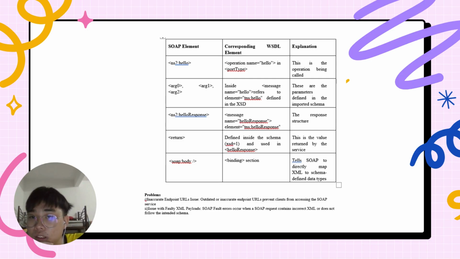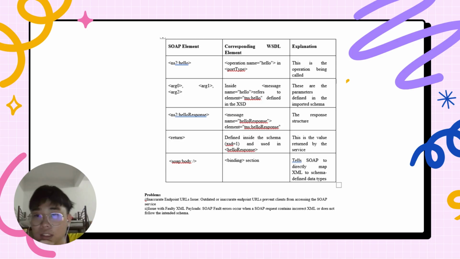This explains the operation. And then secondly, the SOAP elements for argument 1, argument 2, argument 3 map to the corresponding WSDL element shown inside message name equals hello, which refers to the element tns hello defined in the XSD. The explanation is the parameters defined in the imported schema.